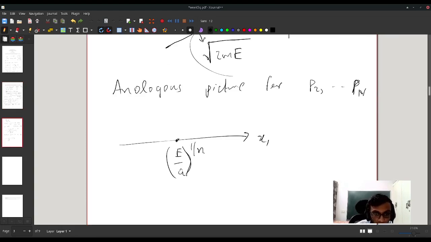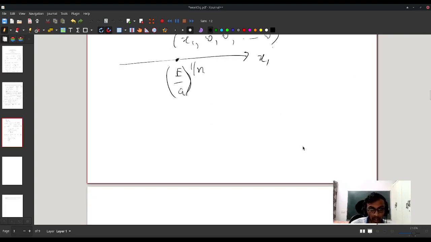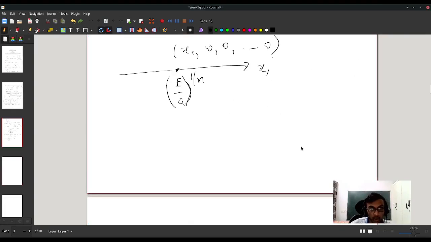Right, so at this point every other coordinate is 0, and we have a similar picture for x2, x3 and so on.